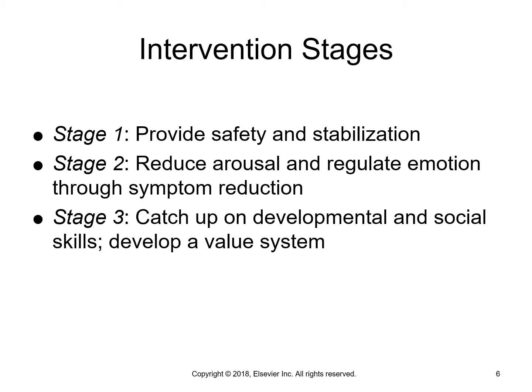Looking at the model of treatment for trauma, it involves some stages. For trauma-informed care, this model of treatment has a few stages. The first stage is to provide safety and stabilization. It is to make sure that the patient is comfortable and has a trusting environment, and safety is important at this stage. In the second stage, we try to reduce this arousal and help the patient regulate their emotion through symptom reduction.